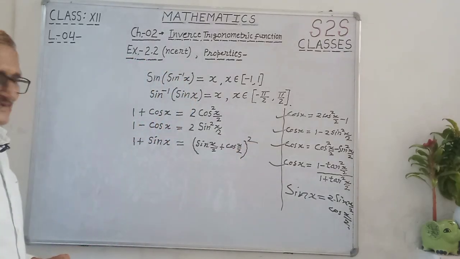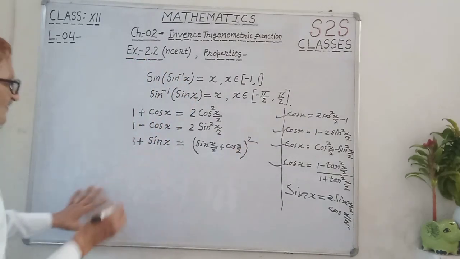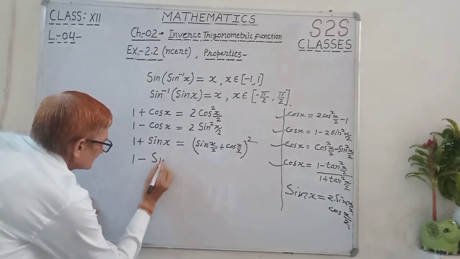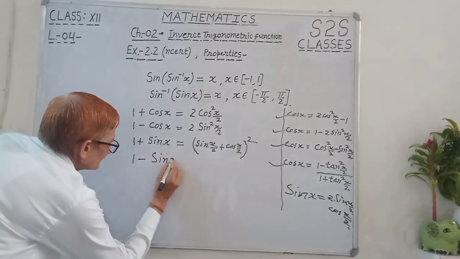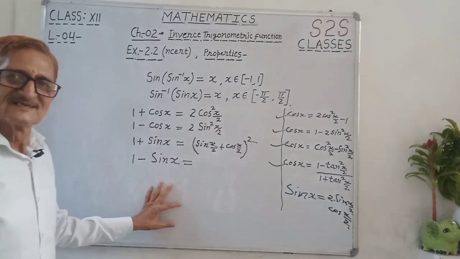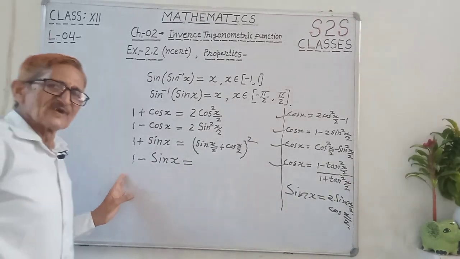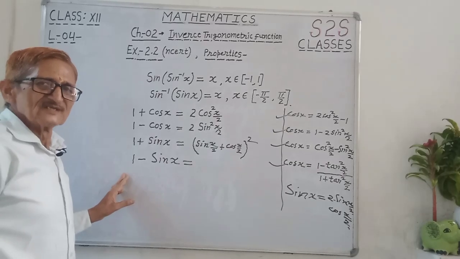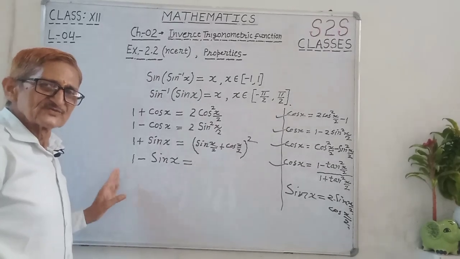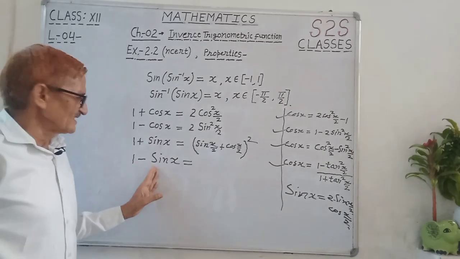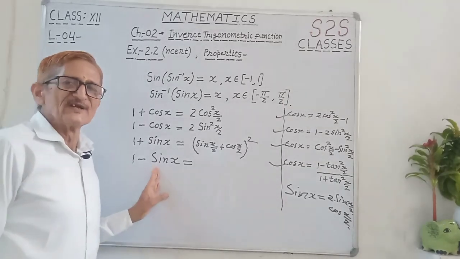Now similarly 1 minus sin x. Here 1 is again cos square theta plus sin square theta, where theta is x by 2, so sin square x by 2 plus cos square x by 2, but it is minus 2 sin x by 2 cos x by 2.